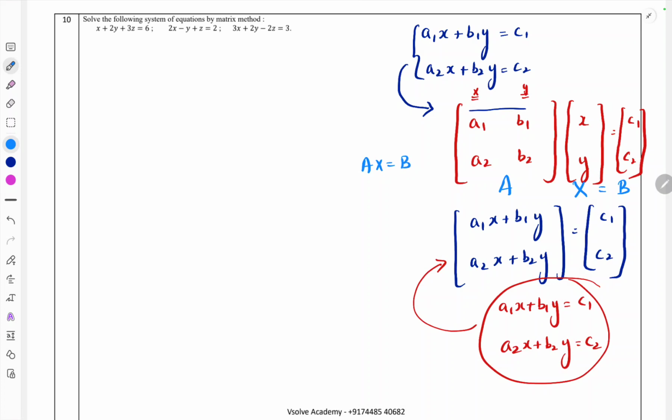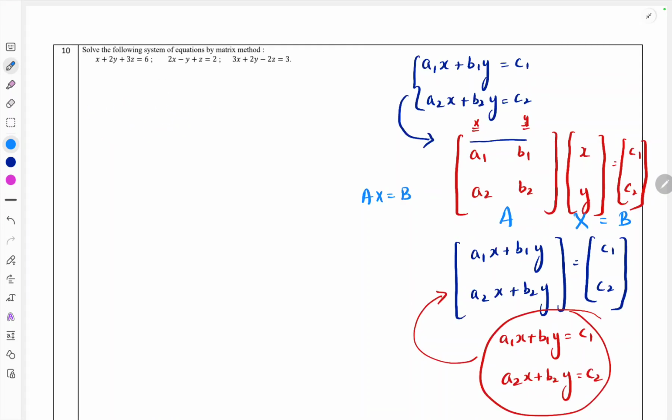So Ax equal to B means we can pre-multiply by A inverse on both sides. AB is not equal to BA. In matrix, AB is not equal to BA. So Ax equal to B, pre-multiplying by A inverse on both sides. So A inverse Ax equal to A inverse B. So I cannot write it like this, B A inverse, because matrix multiplication is not commutative.